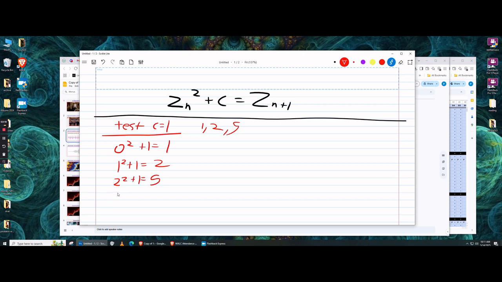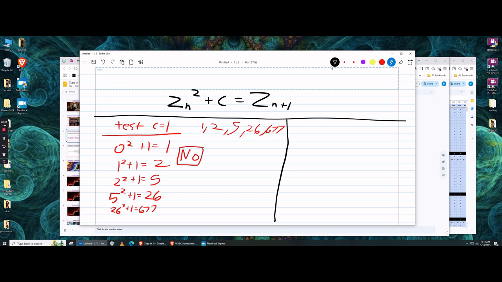Then we take the 5 and plug that in. 5 squared plus 1 equals 26. And you could go on, and I think that's 677 or something like that. So these numbers are not staying small. So we're going to say no, 1 is not in the Mandelbrot set.